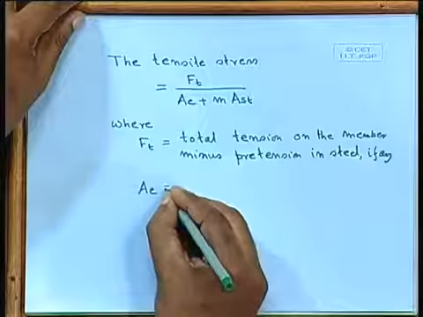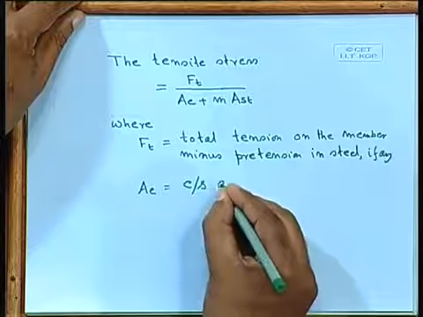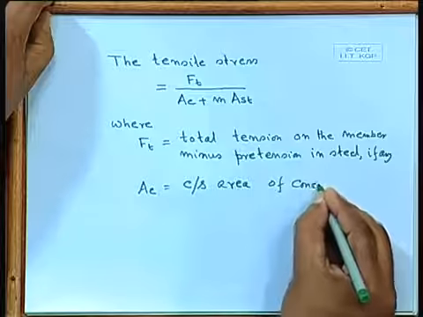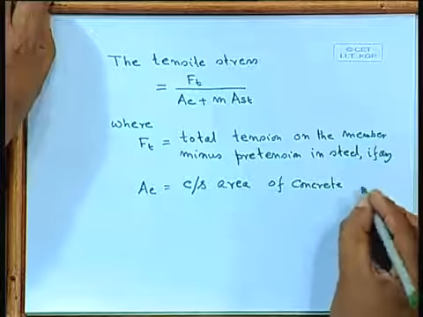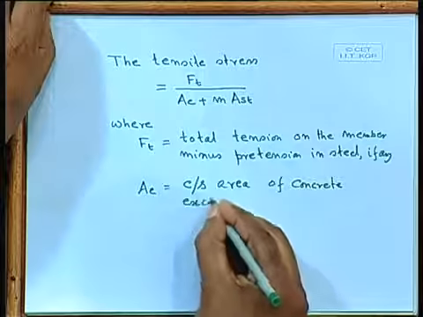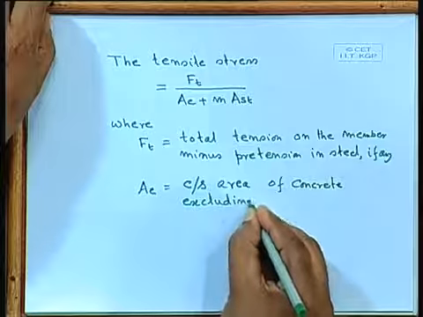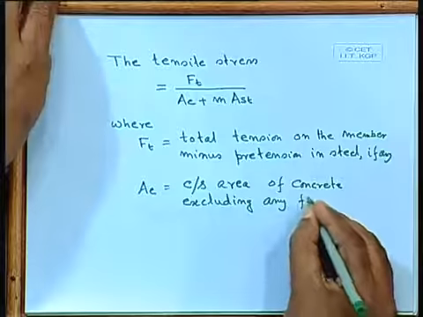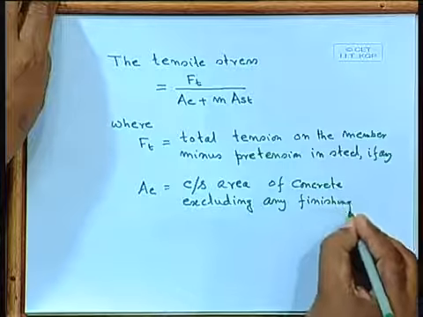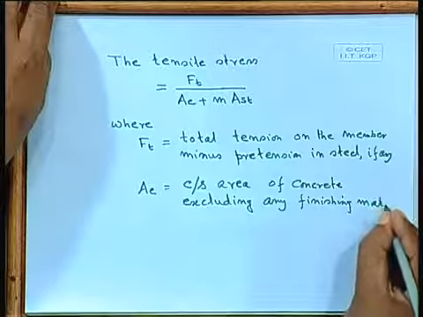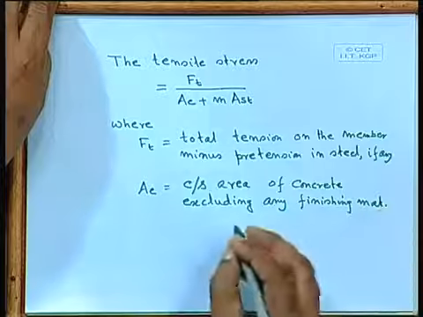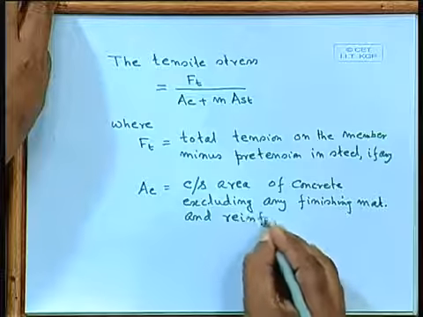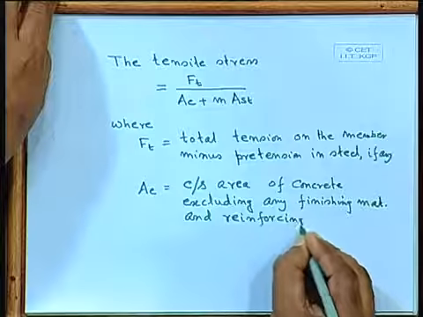And AC is the cross sectional area of concrete, excluding any finishing material and reinforcing steel. Only we are considering concrete.